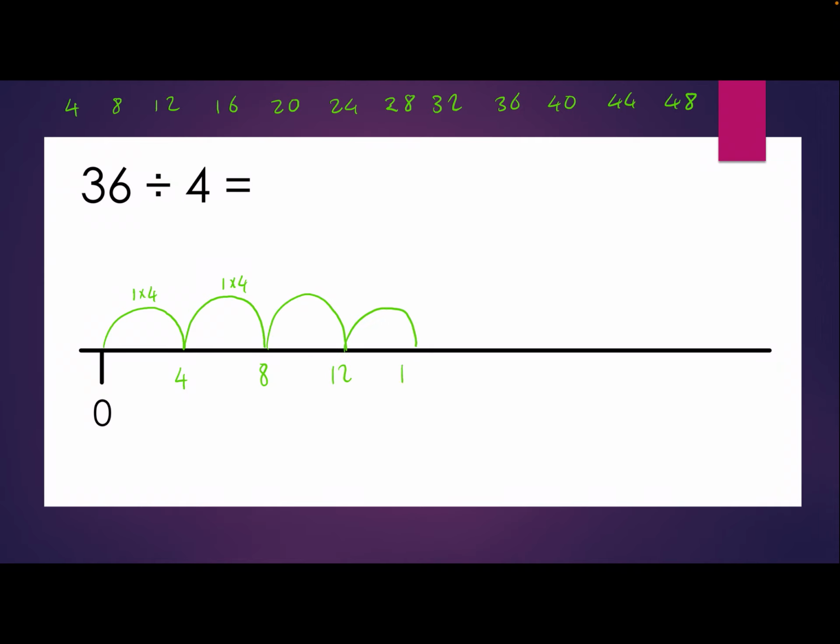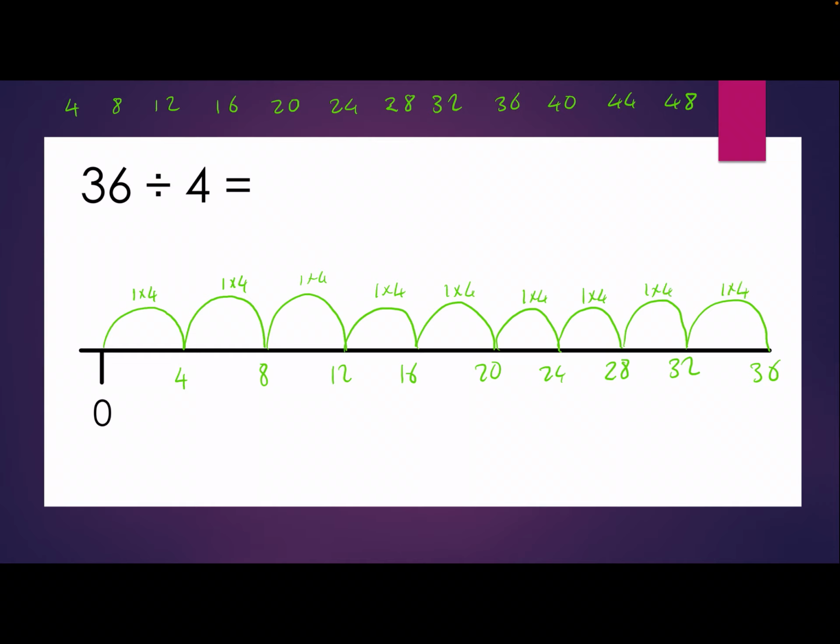The next one gets me to 16, then to 20, then to 24, then to 28, then to 32, and then finally it gets me to 36. You don't need to draw the 1 times 4 in, not yet, but I'm doing it for a reason that will become apparent in a minute.